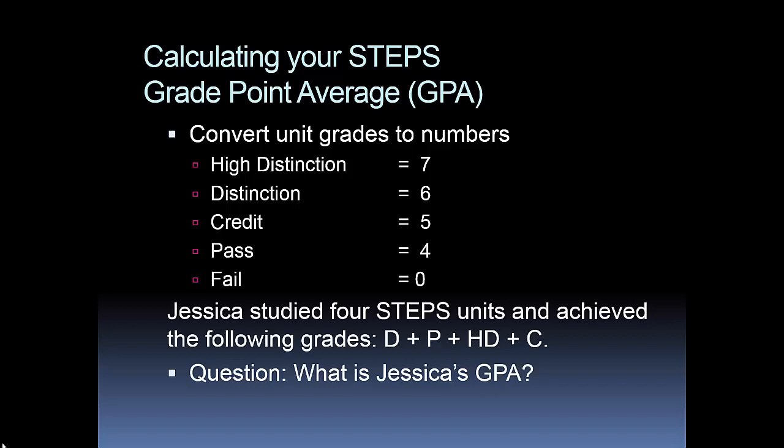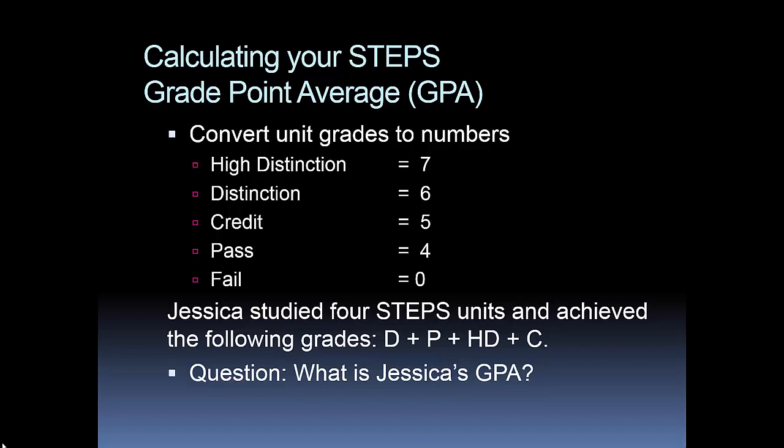Now let's have a look at one example. So here we have Jessica, who studied 4 STEPS units and achieved the following grades. 1 distinction, 1 pass, 1 high distinction, and 1 credit. So what's Jessica's GPA? Well, what we need to do is take that distinction, which is worth 6 points, add a pass, which is worth 4 points, so in total we've got 10. A high distinction, 7 points, so we're up to 17.